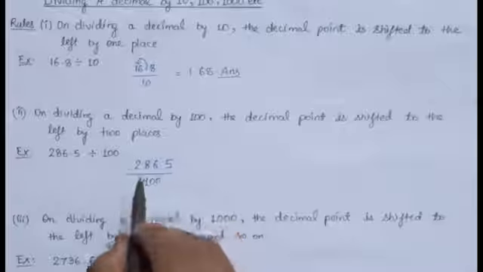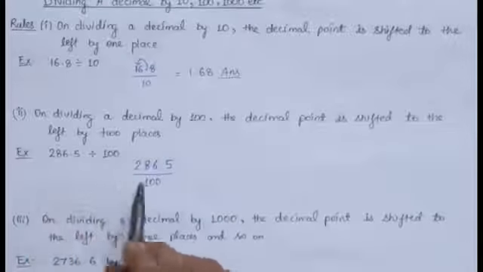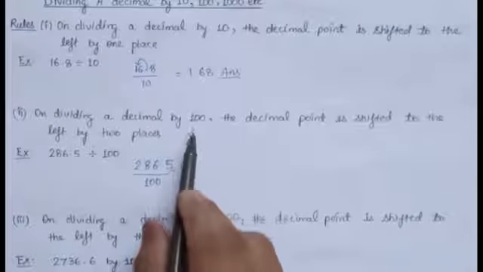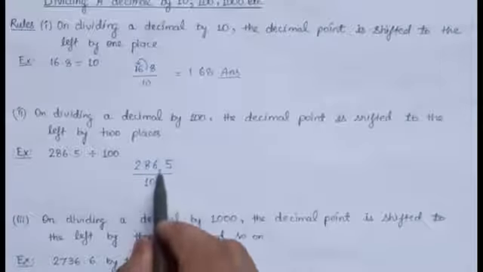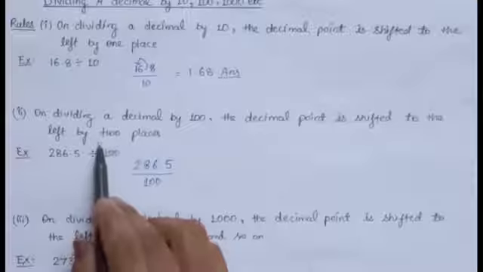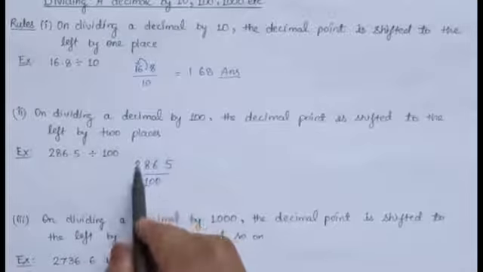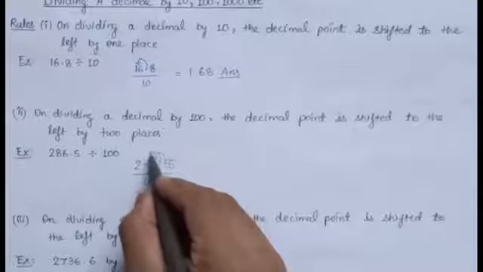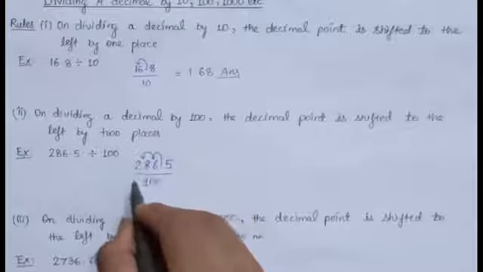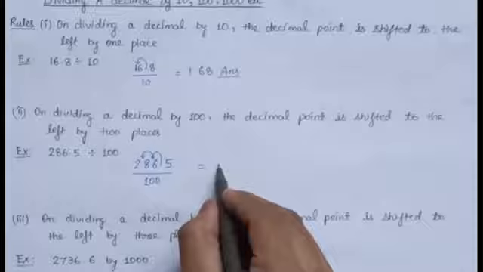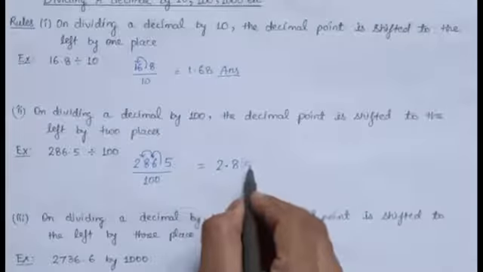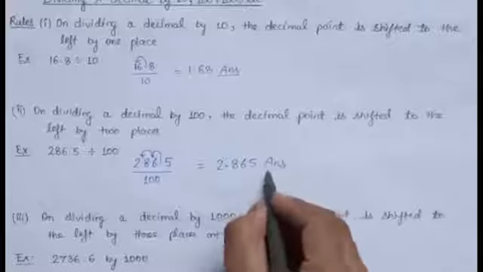In the given decimal 286.5, the decimal point is here. As we are dividing by 100, we shift this decimal point by two places in the left direction. This is one place and this is two places. So our answer is 2.865. This is our required answer.